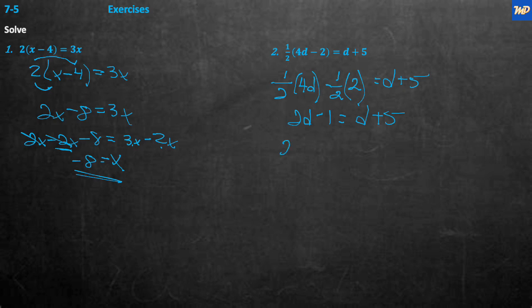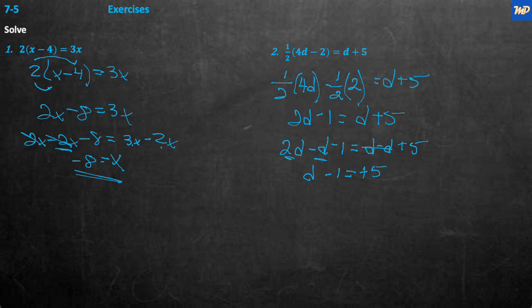So we're going to have 2d minus d minus 1 is equal to d minus d plus 5. Okay, so now we've just taken care of the d terms. If we simplify that, 2d minus 1d is d, minus 1 is equal to, the d's cancel and you end up left with plus 5.